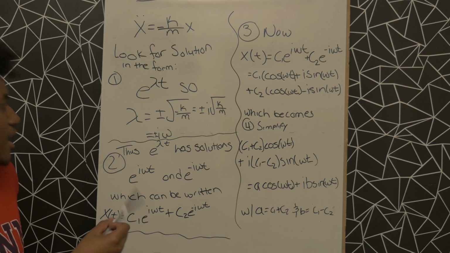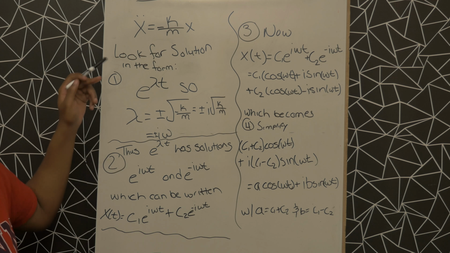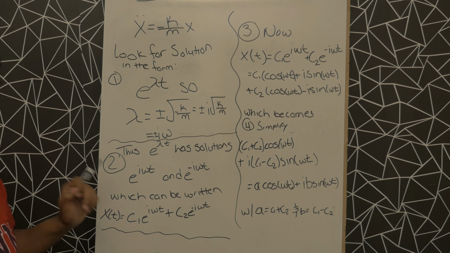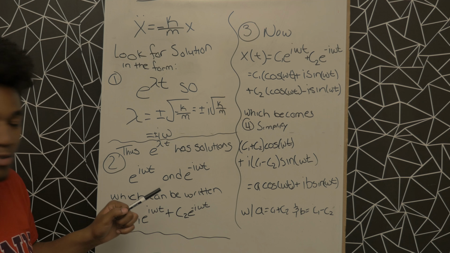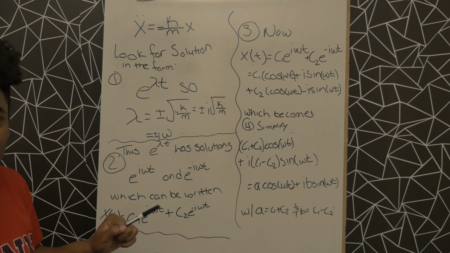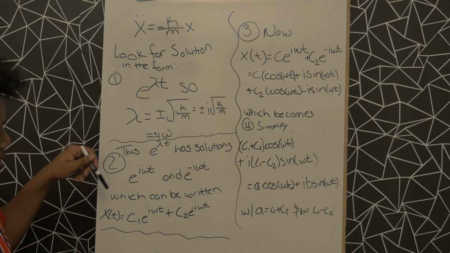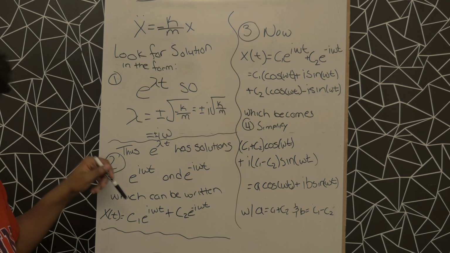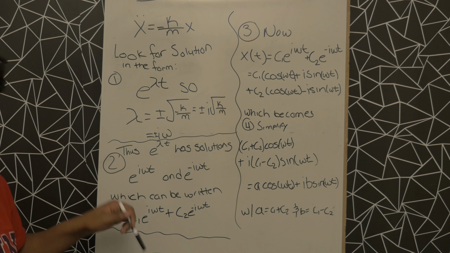So after putting it in this form, you would get e to the i omega t as one solution and e to the negative i omega t as the other solution. And from here, you can write it as a linear combination using coefficients, where C1 e to the i omega t plus C2 e to the negative i omega t is equal to x of t.